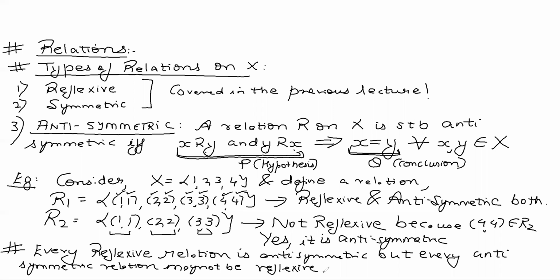For reflexivity to hold true, x should be related to itself for all values of x. But that does not necessarily hold true for antisymmetric. For antisymmetric, all that matters is that if x is related to y and y is related to x, x should be equal to y.